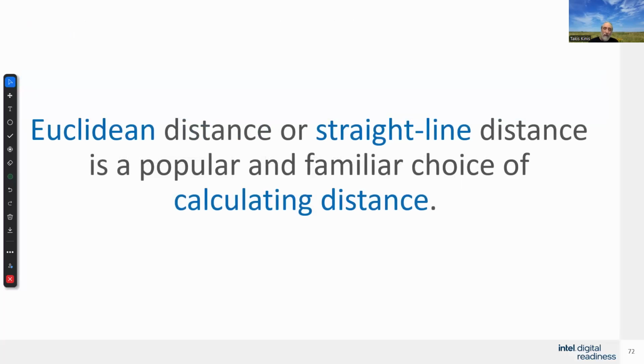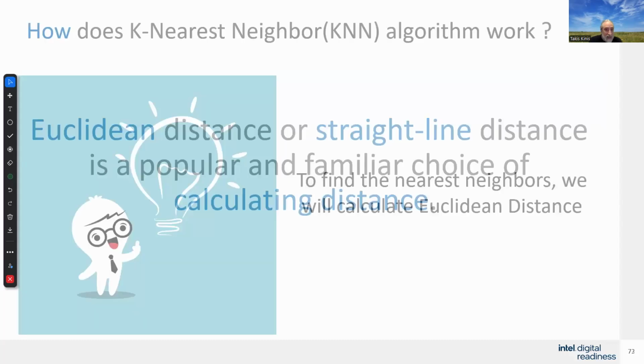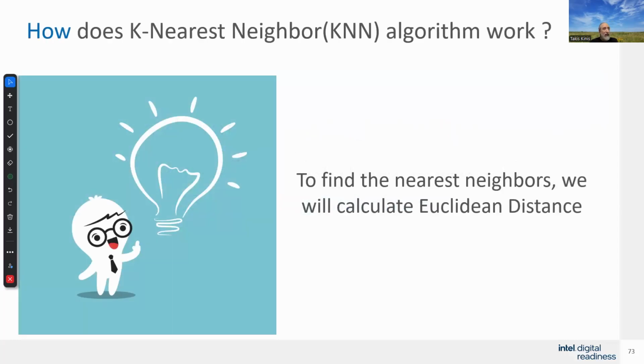Well, because we're plotting this stuff on a two-dimensional graph with an X and a Y, we can use the distance formula to basically calculate the distance from our new point to all the neighboring points. Okay, so now we're applying math, and this is where the number crunching comes in.